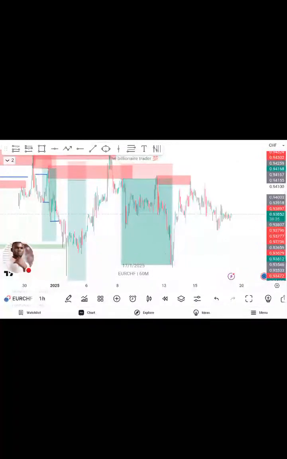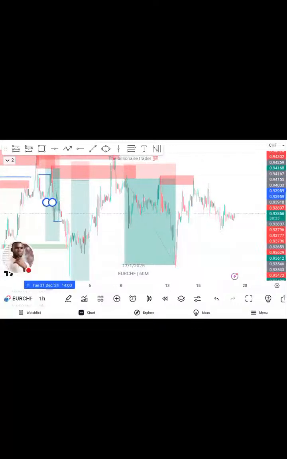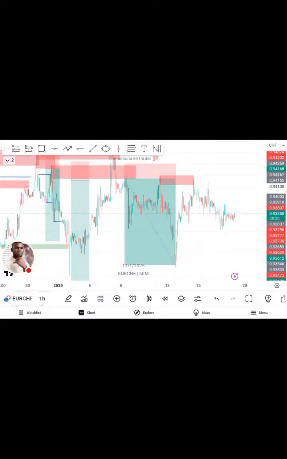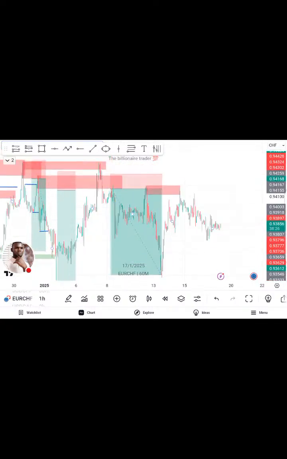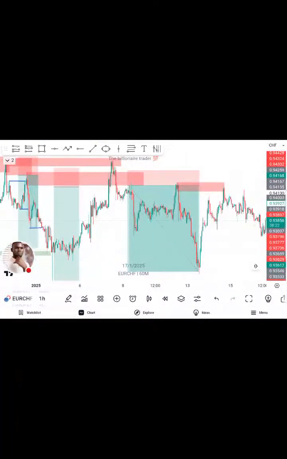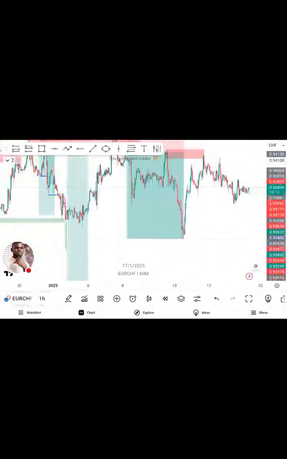The same thing happened here too. You have this break of structure here, and it's expected that price should return to that supply zone, but it was invalidated. After being invalidated, you can see the strong candle that broke down, and we have an FVG within the area of that failed supply zone, and that's exactly where price reacted as well.